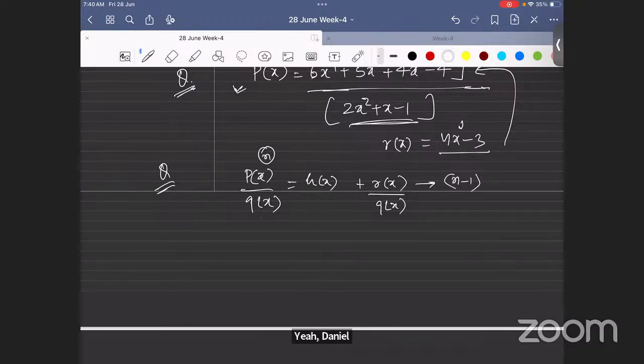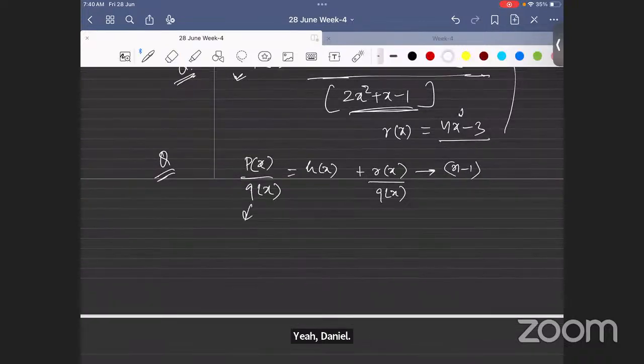Okay. Just tell me, if we are dividing this polynomial Px by Qx, what can be the maximum degree of this Qx by which you can divide this Px? Less than or equal to n. Less than or equal to the same Px. Equal to the same, correct?